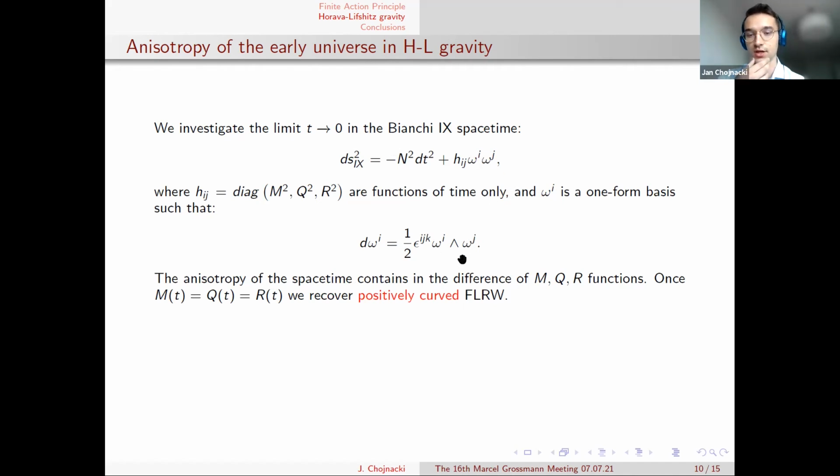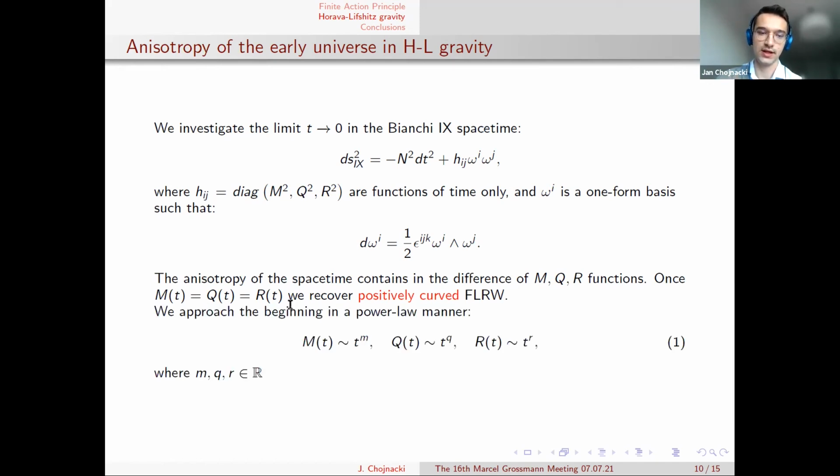However, they are not very enlightening. What is important to know in our case is that when we choose these functions of time, m, q, and r, to be equal, then we will recover the usual positively curved Friedmann-Lemaitre-Robertson-Walker.